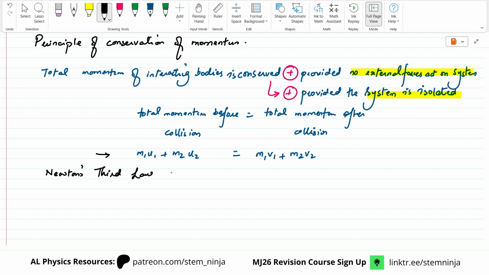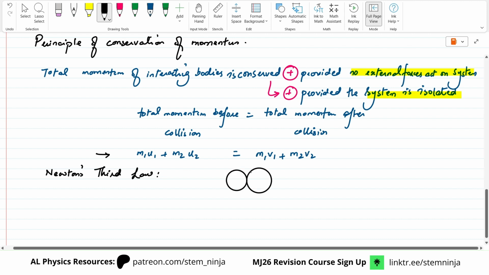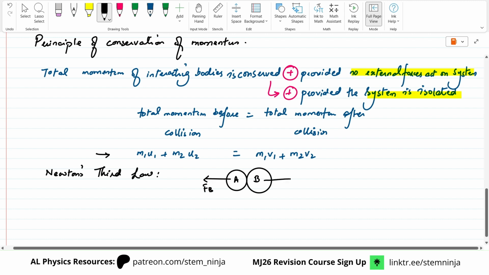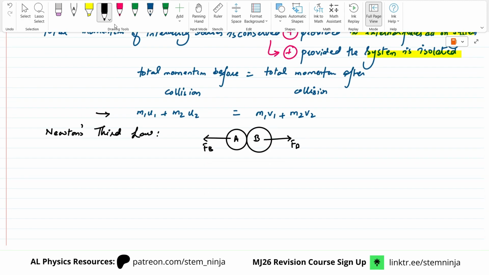Newton's third law we are already familiar with: if two bodies are interacting with each other, for example this is A, this is B, this would be force B, this would be force A that A exerts on B. We know that these two are going to be the same in magnitude. However, force A is causing a change in momentum for B, and force B is causing a change in momentum for A.